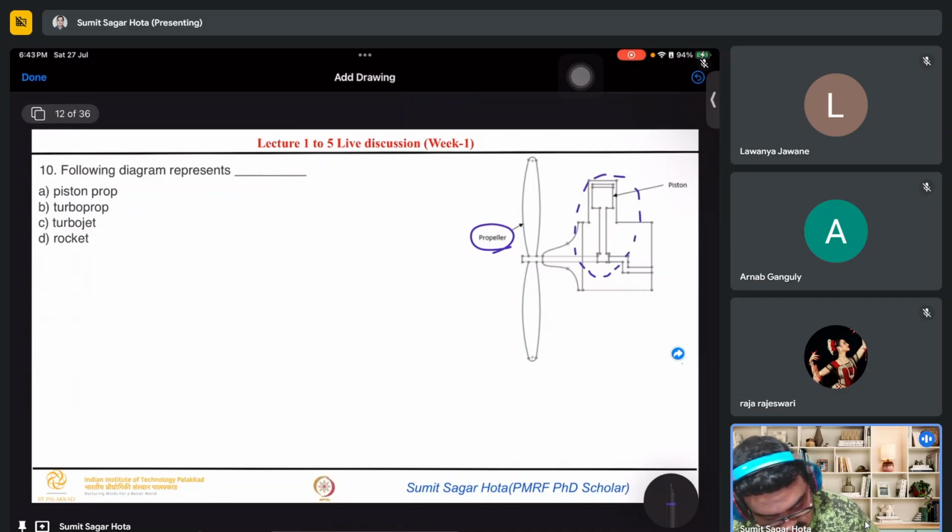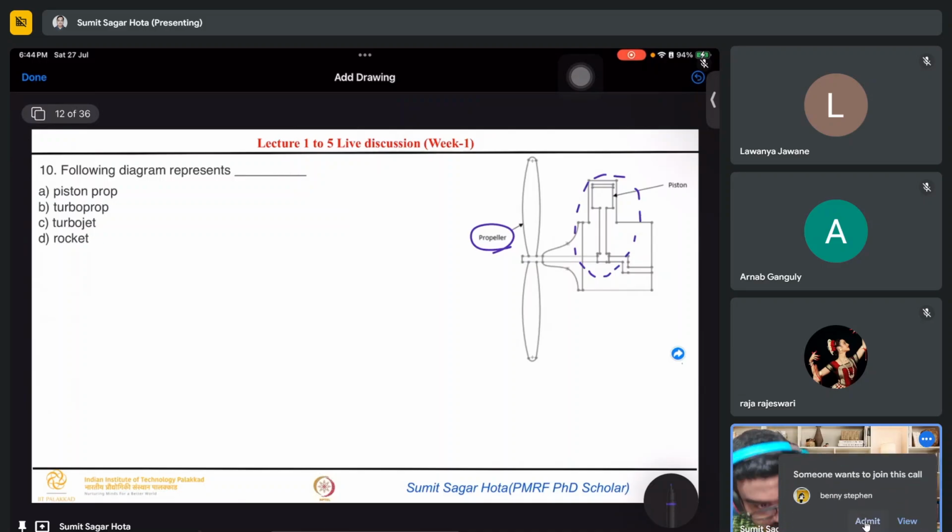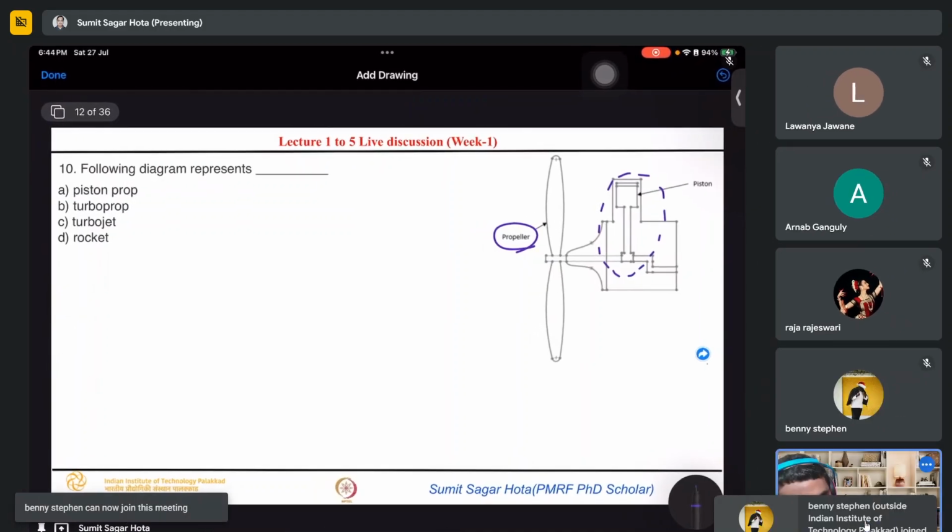Then in the type of system where one propeller and one piston cylinder arrangement are there, this question is very simple. Why? Because it's already written, it's a propeller and a piston cylinder arrangement. In some questions they may not write all these things. So this is a piston and propeller, that means piston prop.